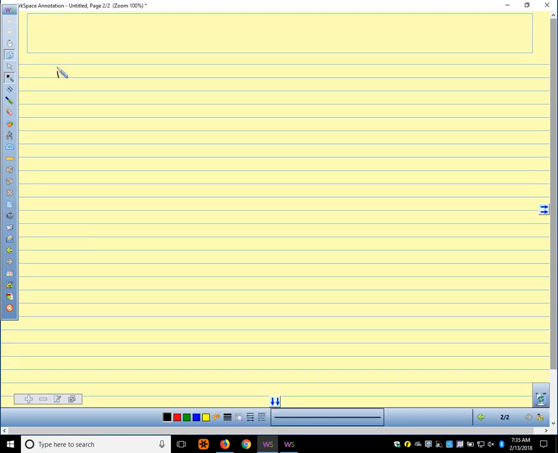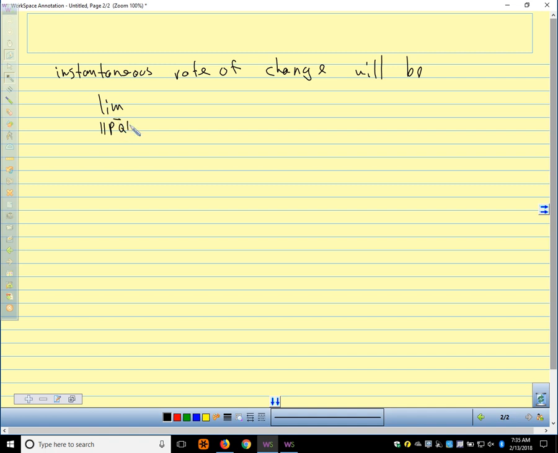All right, so our instantaneous rate of change will be the limit as the magnitude of PQ approaches 0 of this quantity, f of x, y minus f of x0, y0 over the magnitude of PQ.